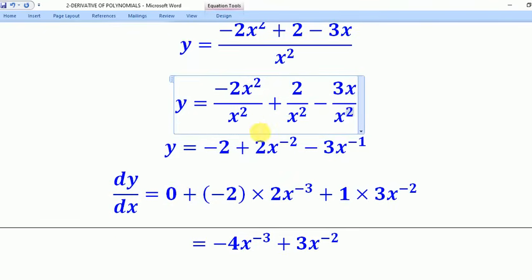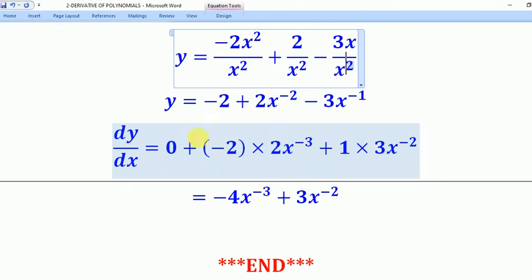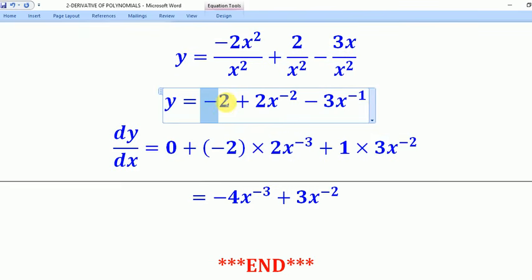Then from there we apply the rules of indices. This cancels, to remain with negative 2. For this one it will be 2x power negative 2, and for this one it will be 3x power negative 1. So we shall now differentiate. This is a constant, negative 2 is a constant, so when you differentiate it you get 0. Then for this one, bring down the power, it will be negative 2 times 2.